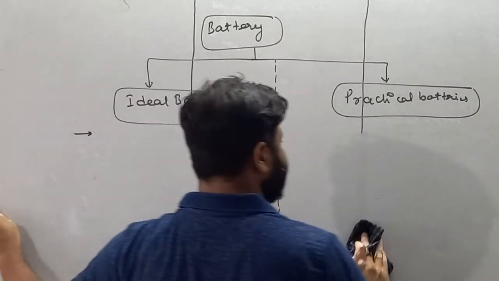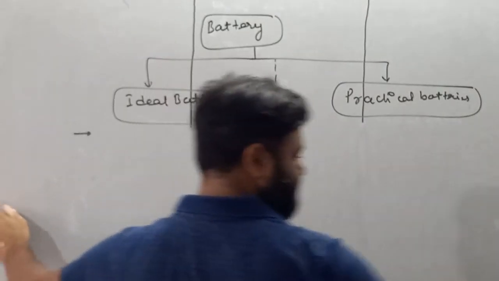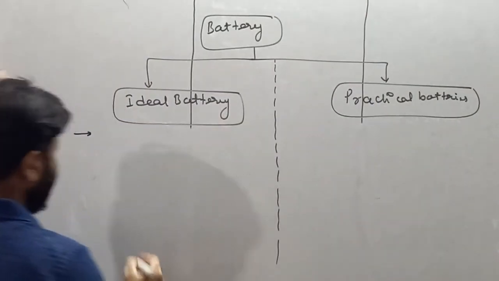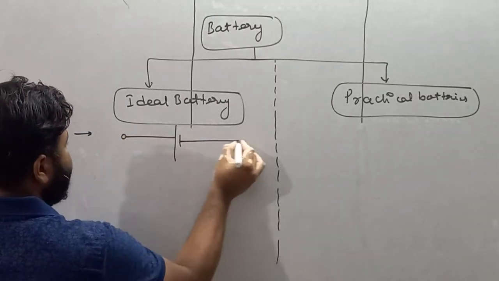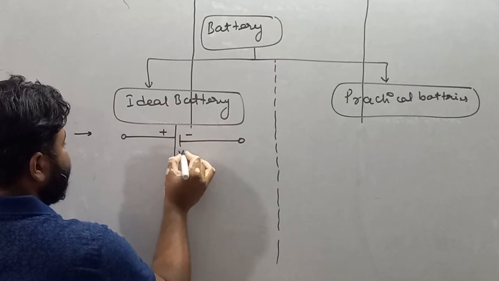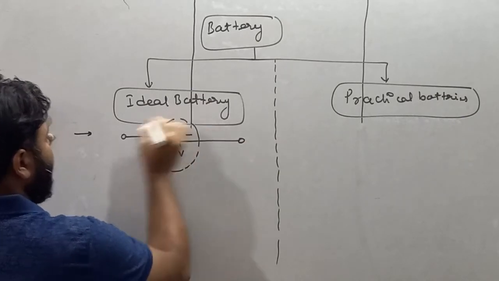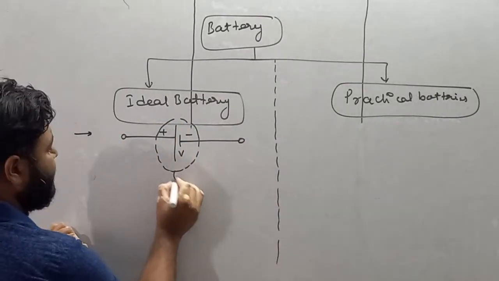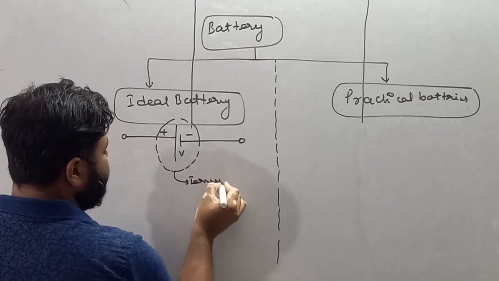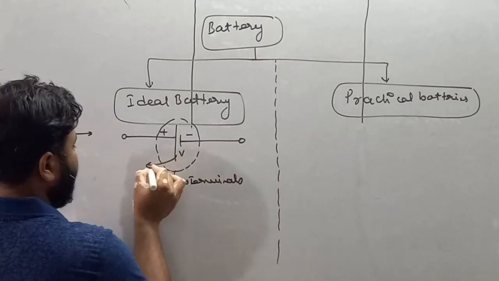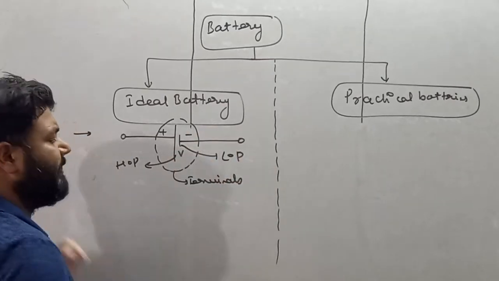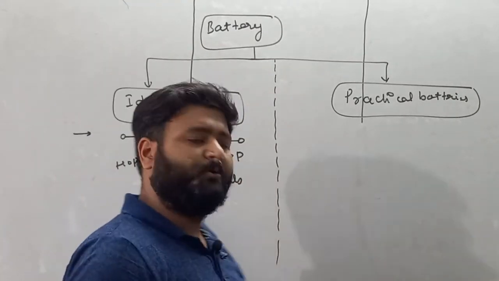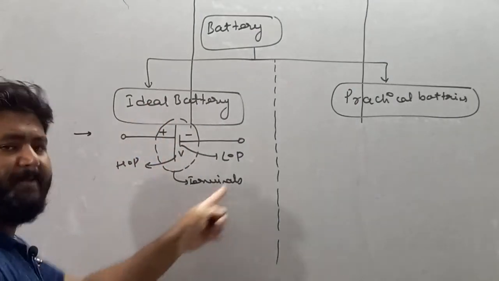In an ideal battery, only terminals are present. This positive and negative terminal combined is called terminals, in which the positive terminal represents higher potential and the negative terminal represents lower potential.